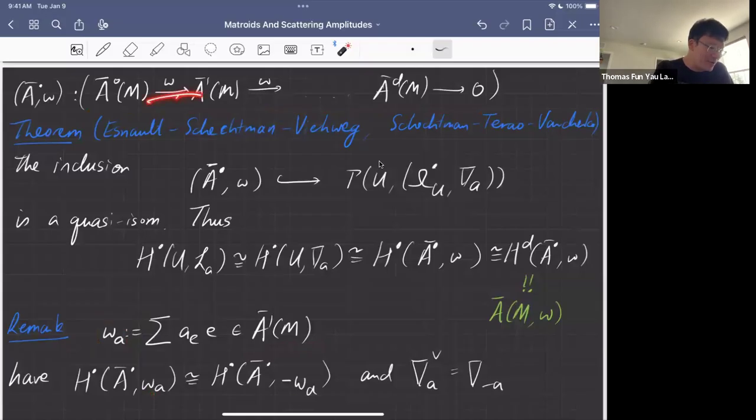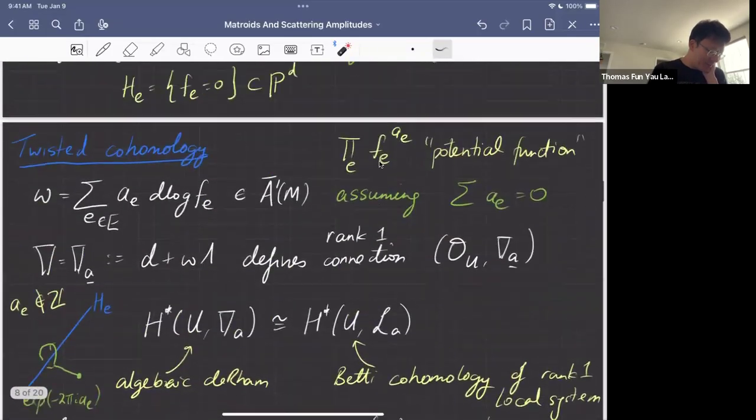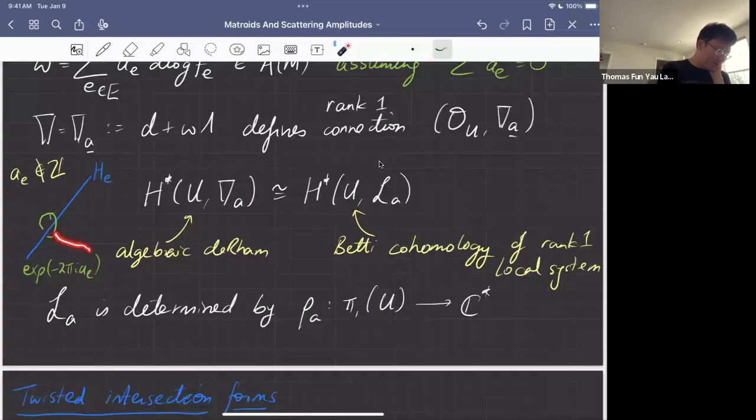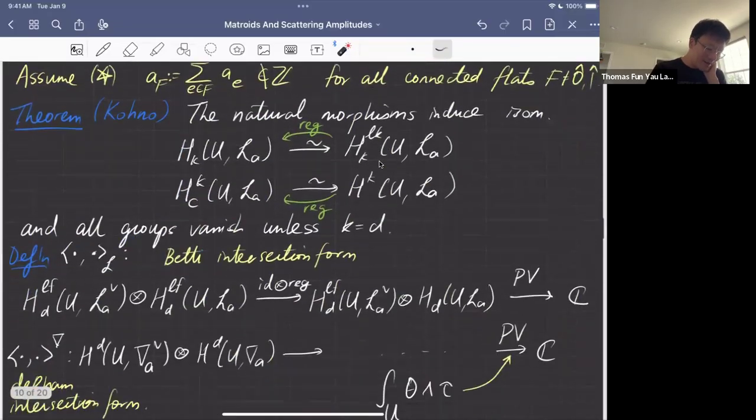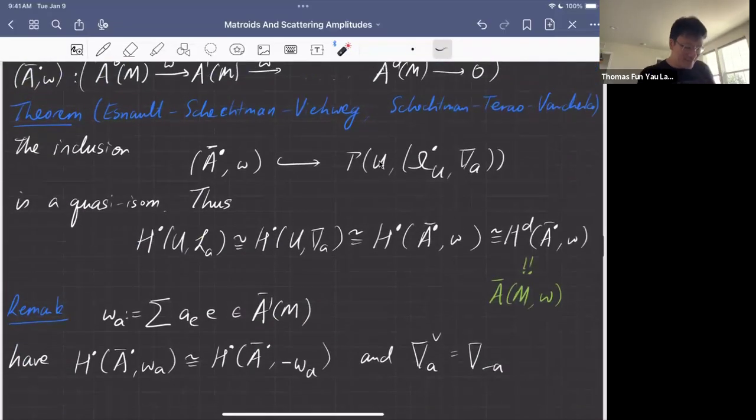So the image and kernel of this map don't change if you replace omega by negative omega. Replacing omega by negative omega is the same as changing A to negative A, which is the same as changing the monodromy to the inverse. So these monodromies go to the inverse number, which is the same as replacing the local system by the dual local system, or the connection by the dual connection.